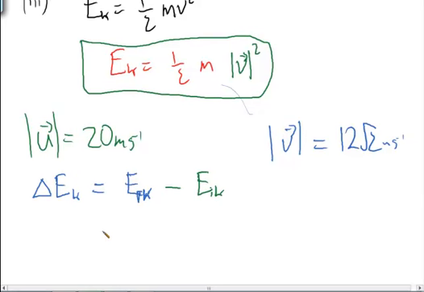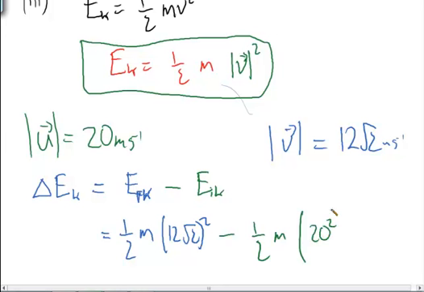So we know it's 1/2 mv squared, 12 root 2 squared, minus 1/2 m times 20 squared.